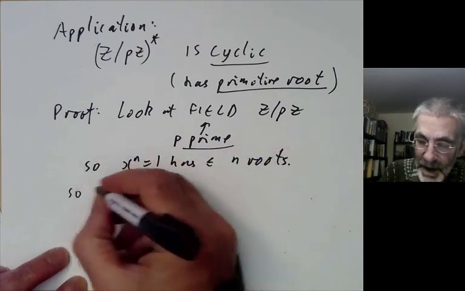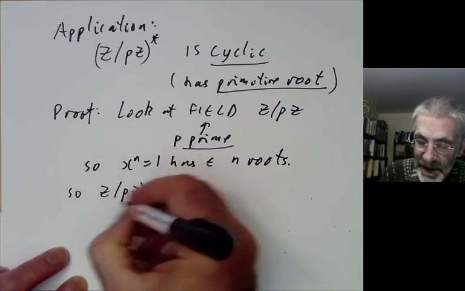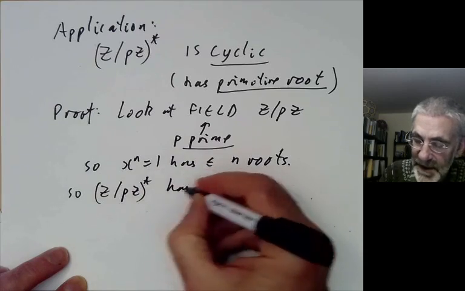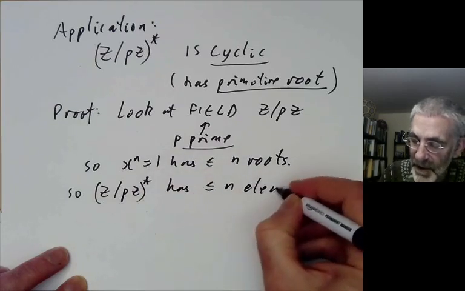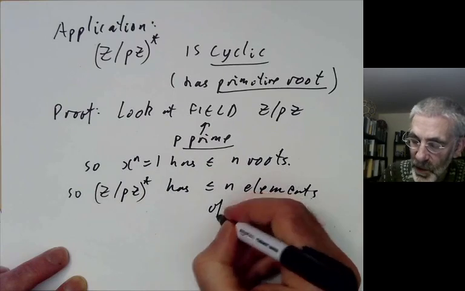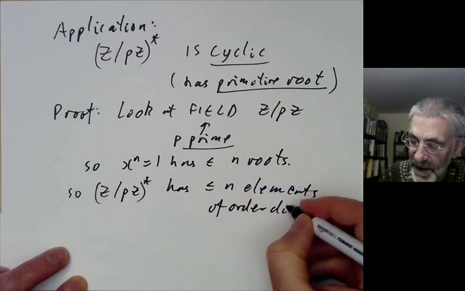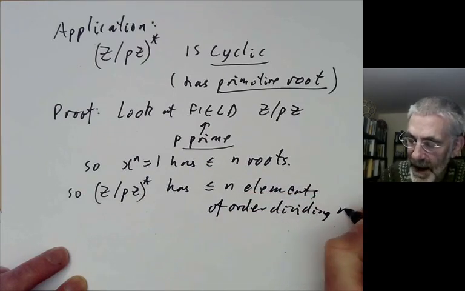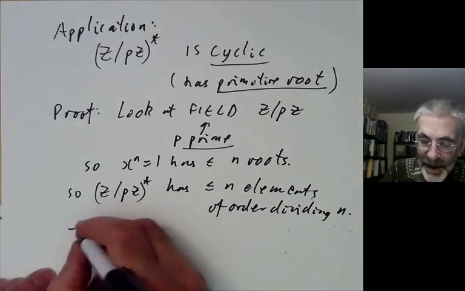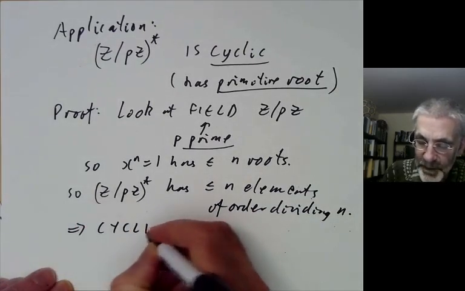So this just says that (Z over pZ) star has at most n elements of order dividing n for any integer n. And this implies it's cyclic.